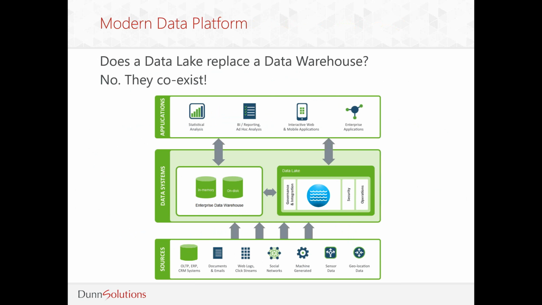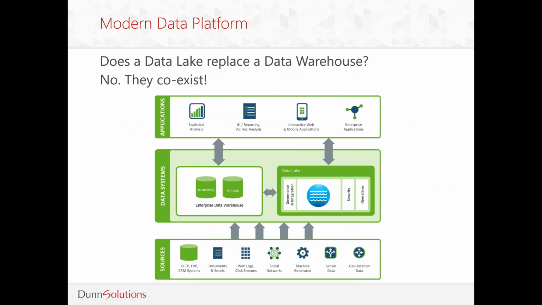machine-generated data, sensor data, all of these things coming in. Rather than ignoring the data, or rather than taking the data, staging it, aggregating it and putting it into just your data warehouse, you would put the raw data in your data lake and you would put the processed data in your data warehouse.